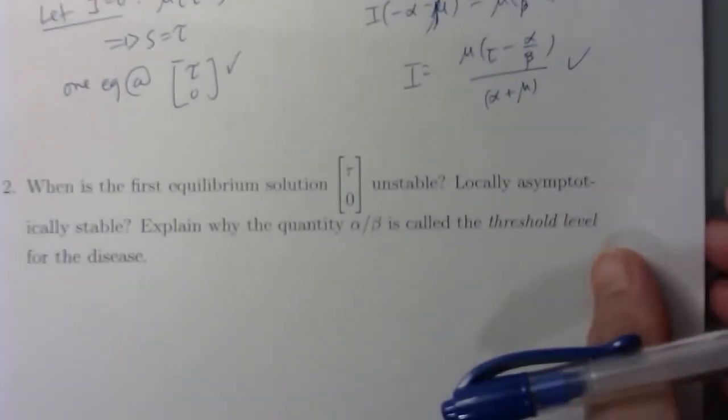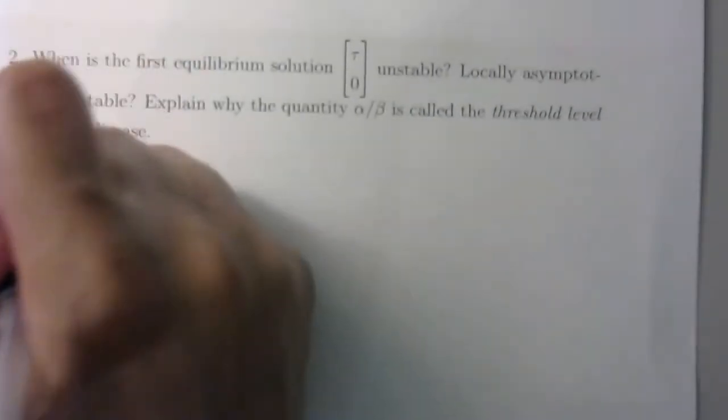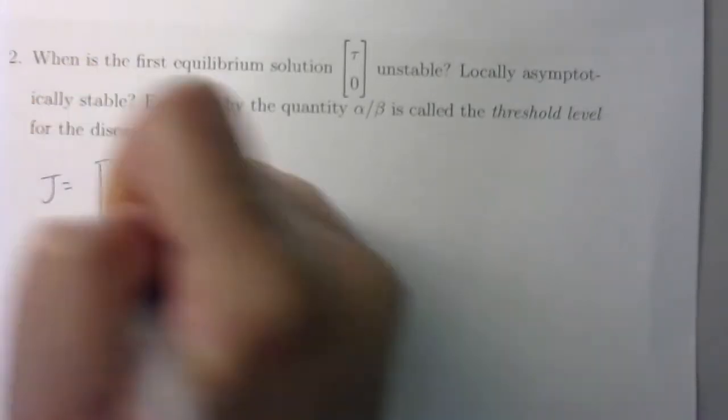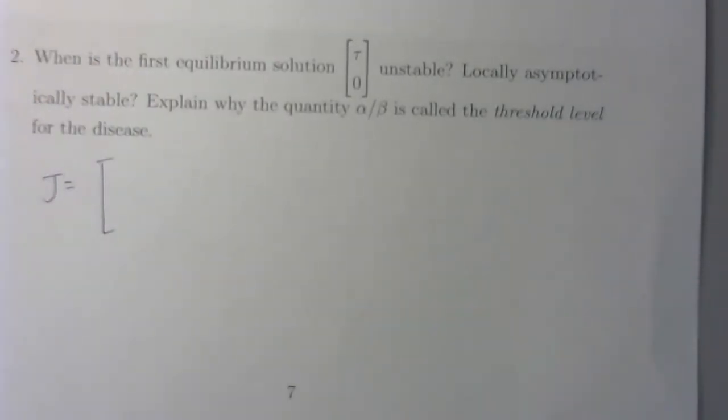So when is the first equilibrium solution unstable? When is it stable? And then this has this leading question: explain why alpha over beta is called the threshold level of the disease. Well, let's look at the stability property. It's maybe a less cryptic way of talking about this. We need the Jacobian of the system first, right? We didn't do that in general.